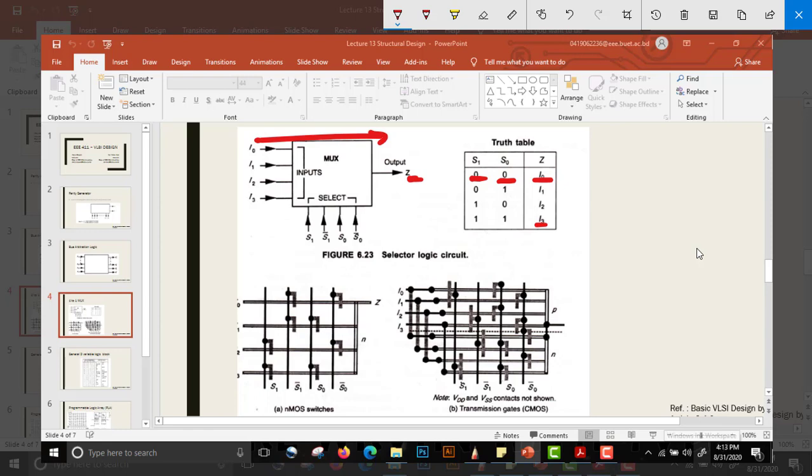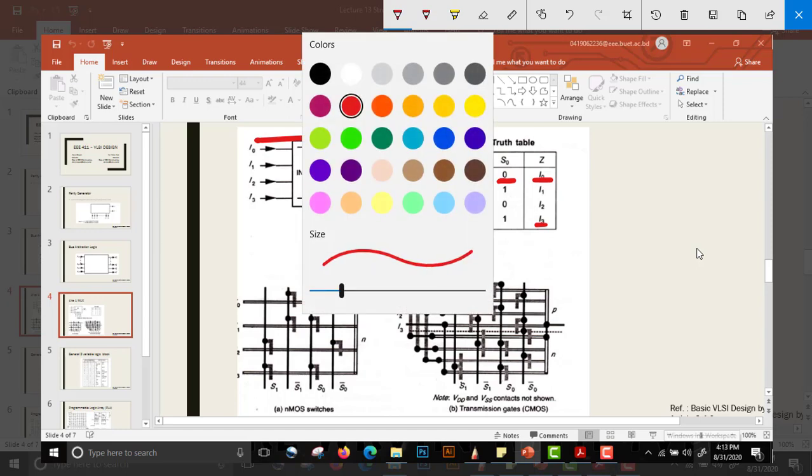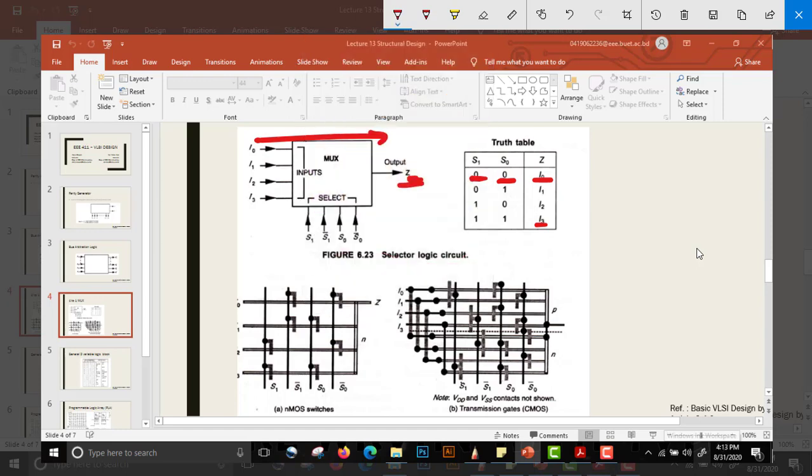Based on the select pins, which input will be connected to the output will be determined. So if we want to write an expression, we can write it as z is equal to I0 when S1 and S0 both are 0. When S1 is 0, S0 is 1, we have output equal to I1.